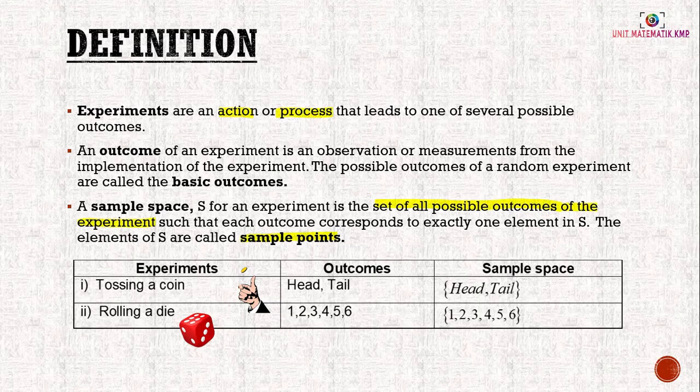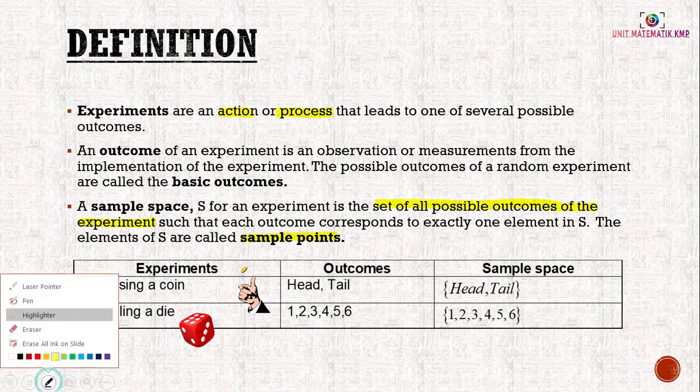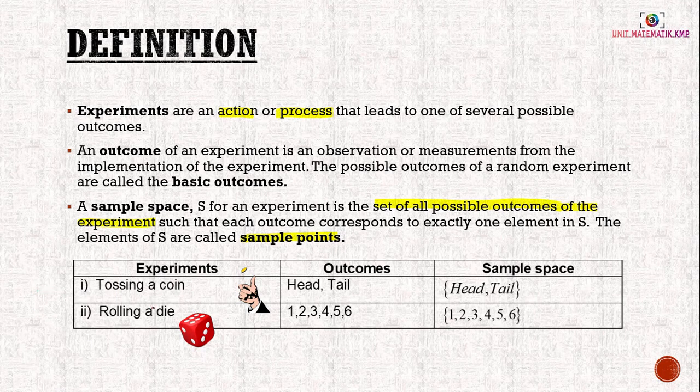So contoh eksperimen adalah when we toss a coin, so kita lambung shilling, ataupun kita rolling a die, baling dadu. So when we toss a coin, the outcomes is whether we have head or tail. Okay, kepala ataupun ekor. So the sample space kita letak dalam bracket, this curly bracket.